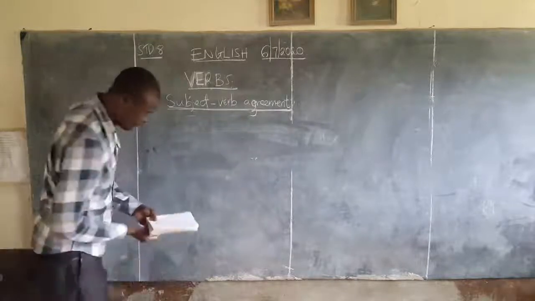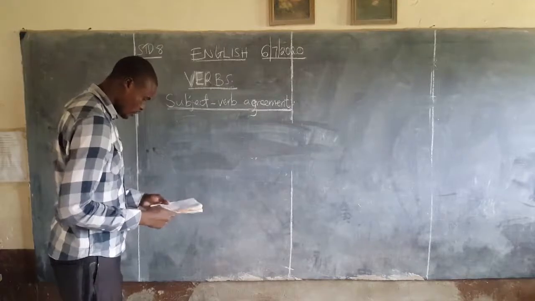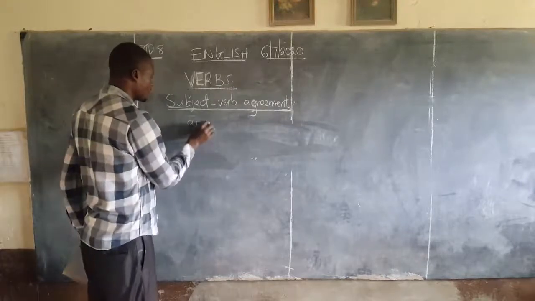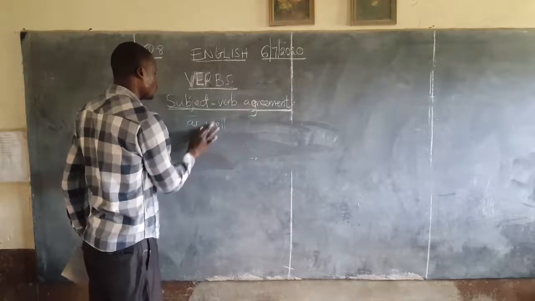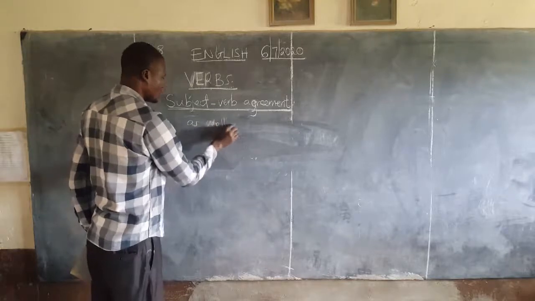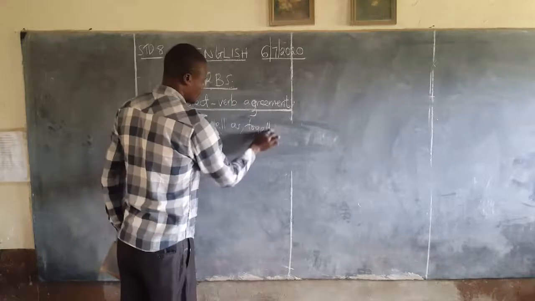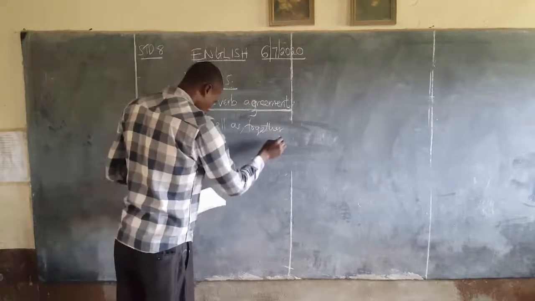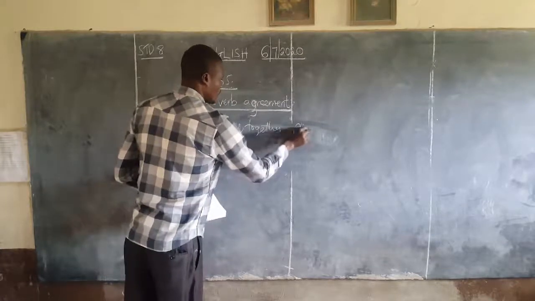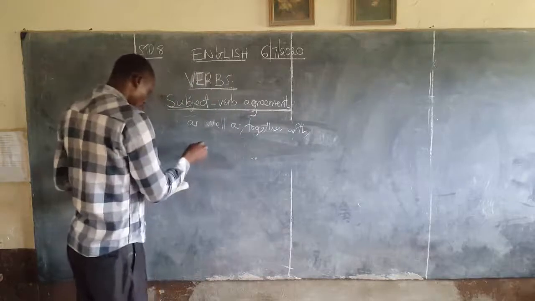Then number 5 is when we use as well as, and this is now the part we're going to dwell on much. As well as, we also have together with, then we have including.